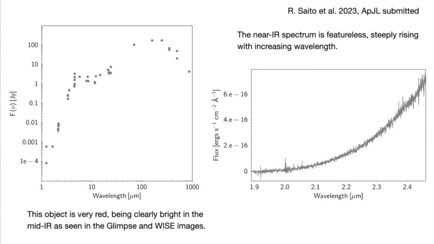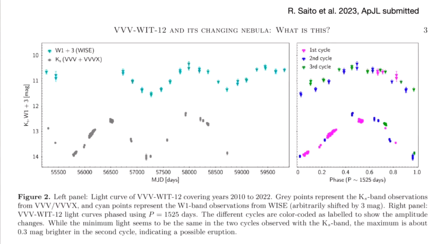It's featureless and steeply rising to the infrared, and some young stellar objects do that. And when we add the additional information from the archives, for example, the WIT light curves, we see the periodic change continue. So this is a long period object, very periodic object.